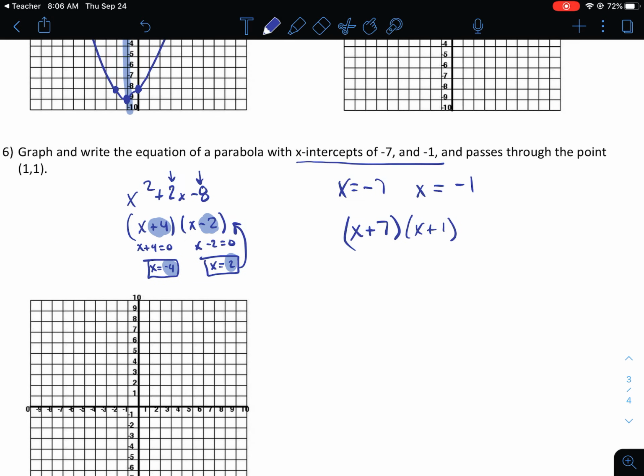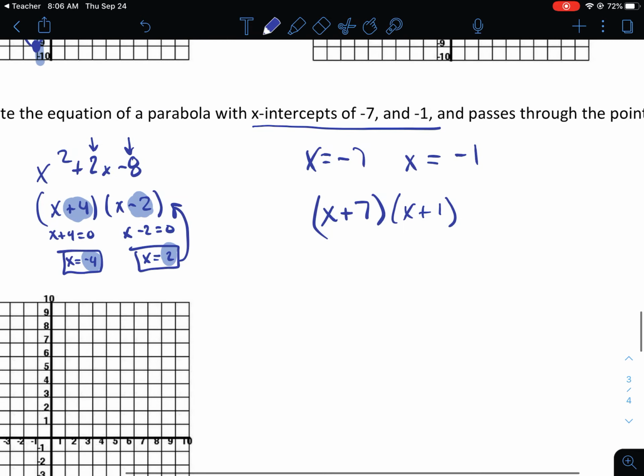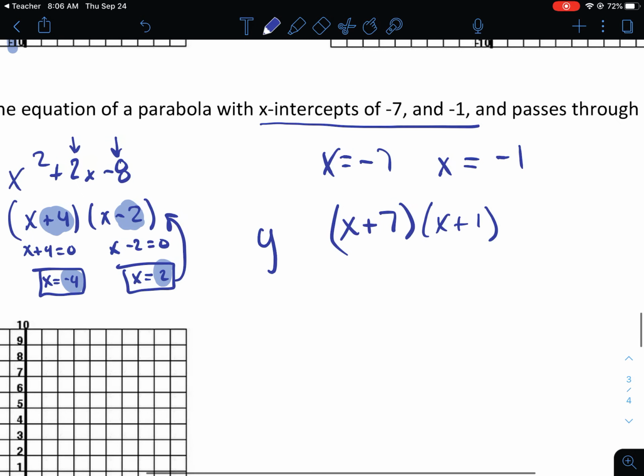And this brings us to the other type of way that we can write a quadratic equation. This is called intercept form. Intercept form is what we see here, only with an a in front. Now we don't know what a is, so we have to find a.